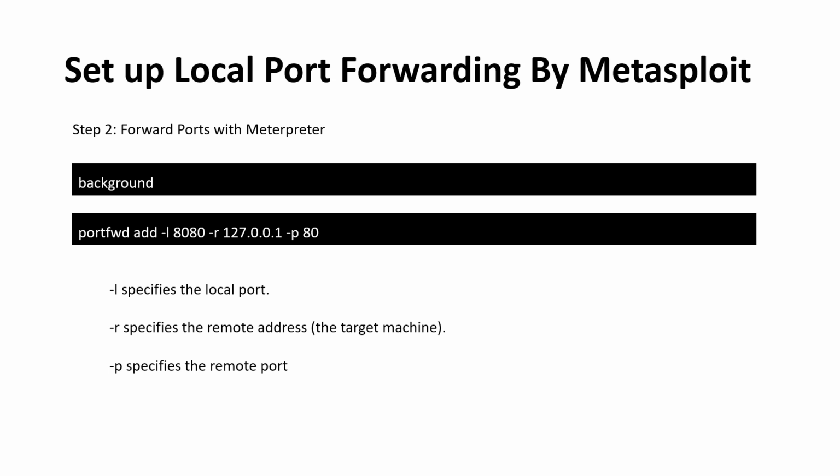Next, after we get the Meterpreter session, we need to background this Meterpreter session by pressing Control and Z on the keyboard, and then we can run the portfwd add command, with the option -l, the lowercase l, to specify the local port number on the Kali Linux, followed by -r, the remote IP address.